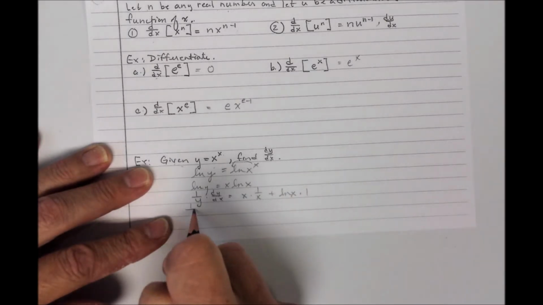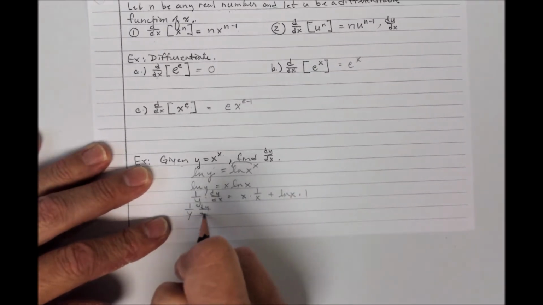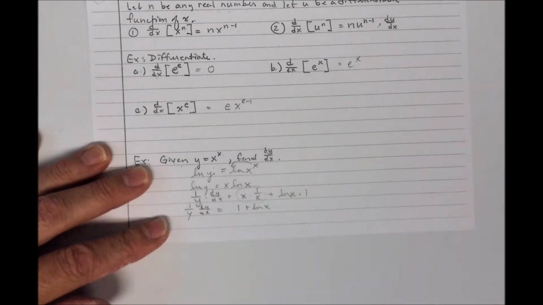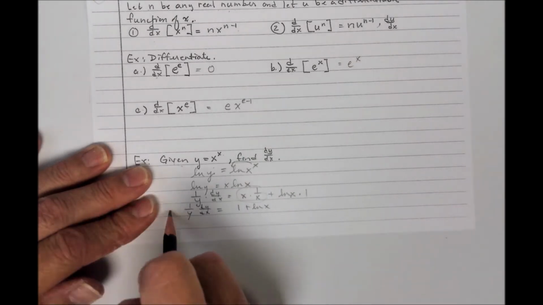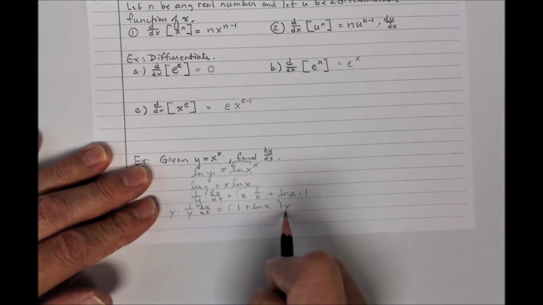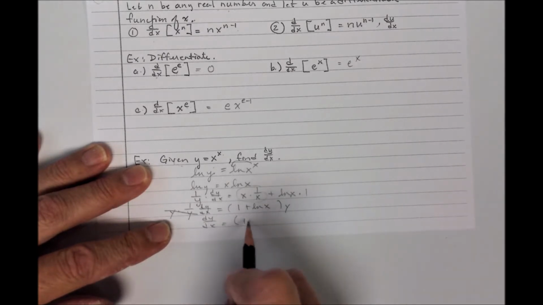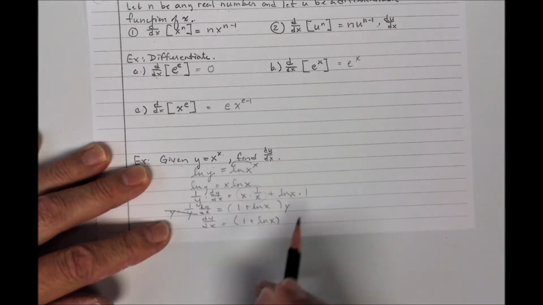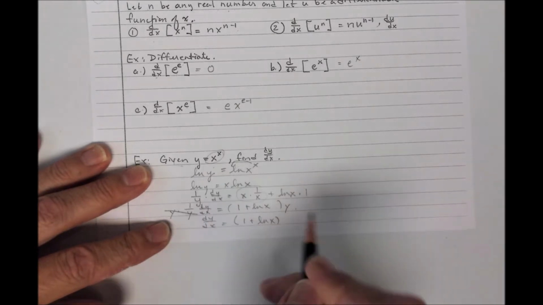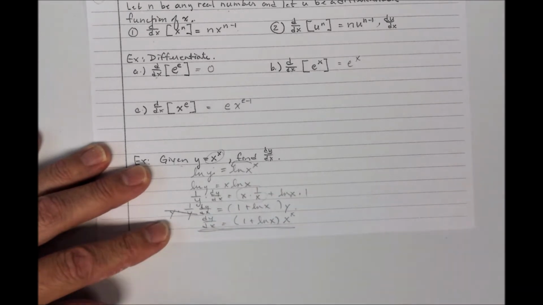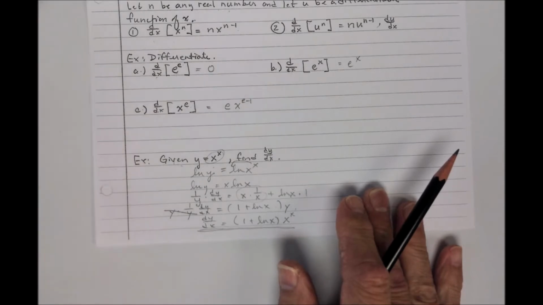So I'd have 1 over y dy dx is equal to 1 plus the natural log of x, because this is 1 here. And then I multiply both sides by y, and I have dy dx is equal to the quantity 1 plus the natural log of x times y, which remember was x to the x. So there's my derivative. So that's about all you can do with e's and x's like that. I want to show you the similar problems, how they worked a little different, and similar working problems.